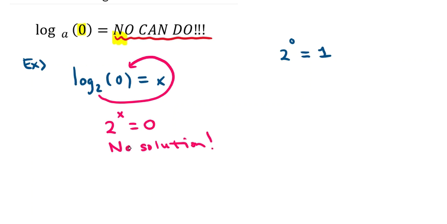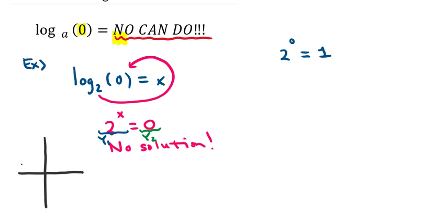Even if you wanted to argue this graphically, you could do so. Imagining 2 to the x is like a y1 and then 0 as a y2, and trying to apply the intersect feature.